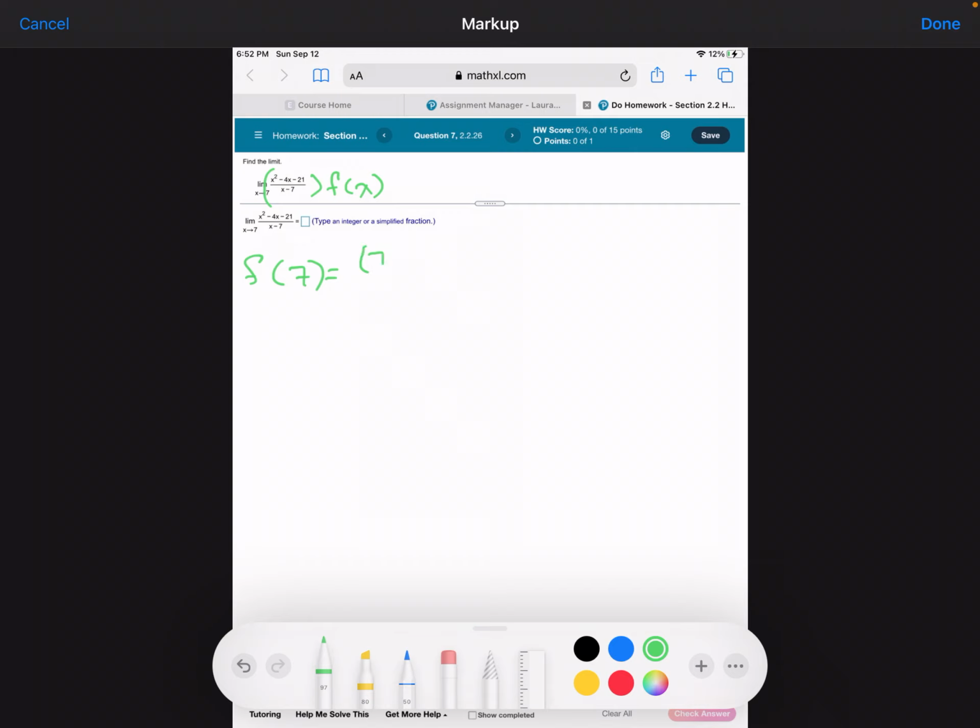That would be 7 squared minus 4 times 7 minus 21, divided by 7 minus 7. On top, we get 49 minus 7 times 7 is 49. 4 times 7 is 20... oh, see what I just did?